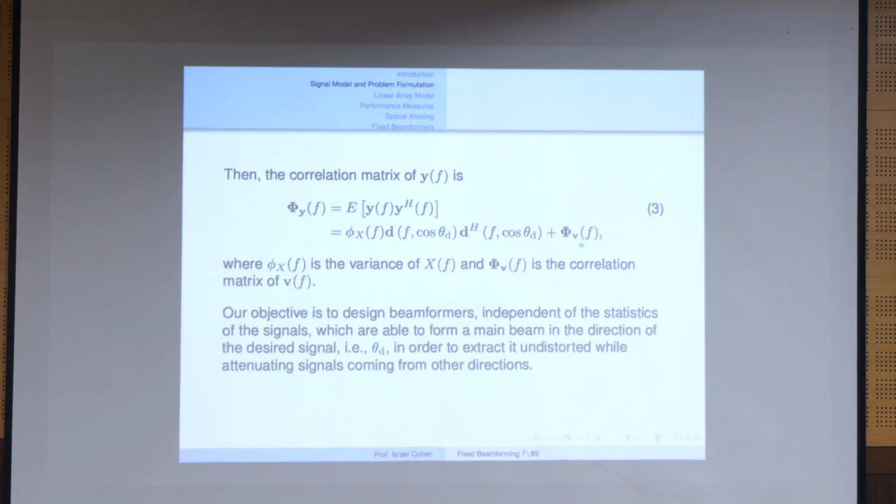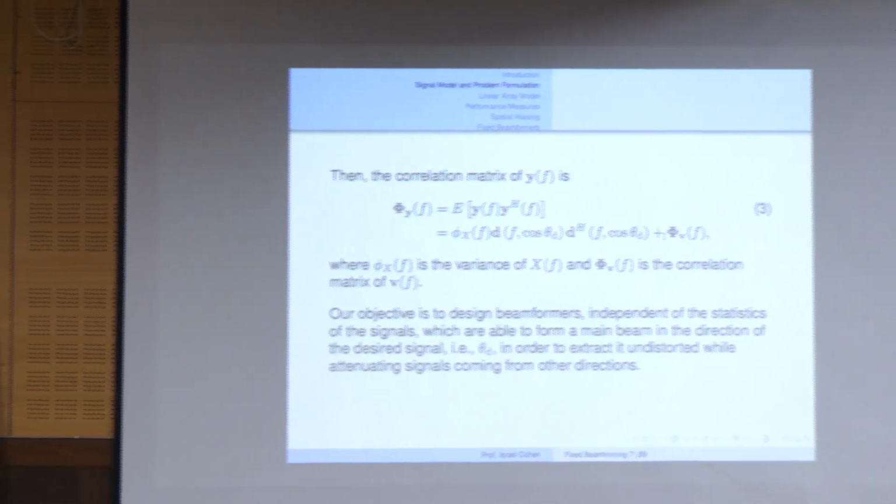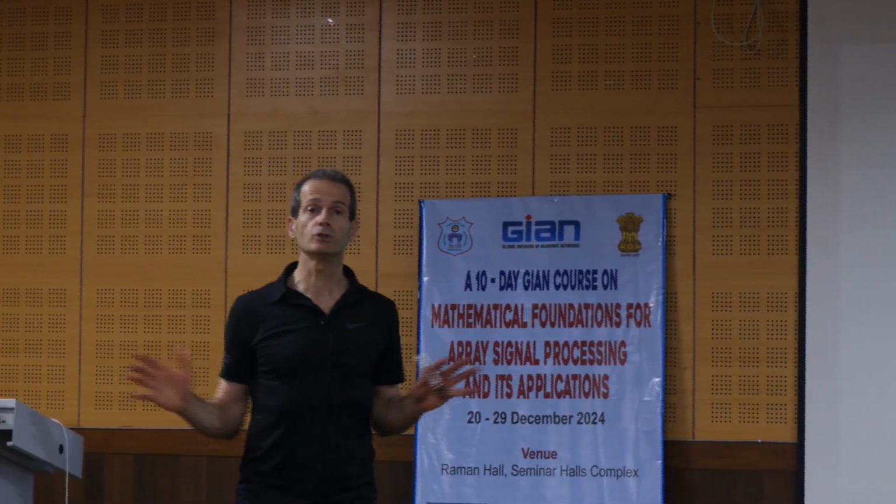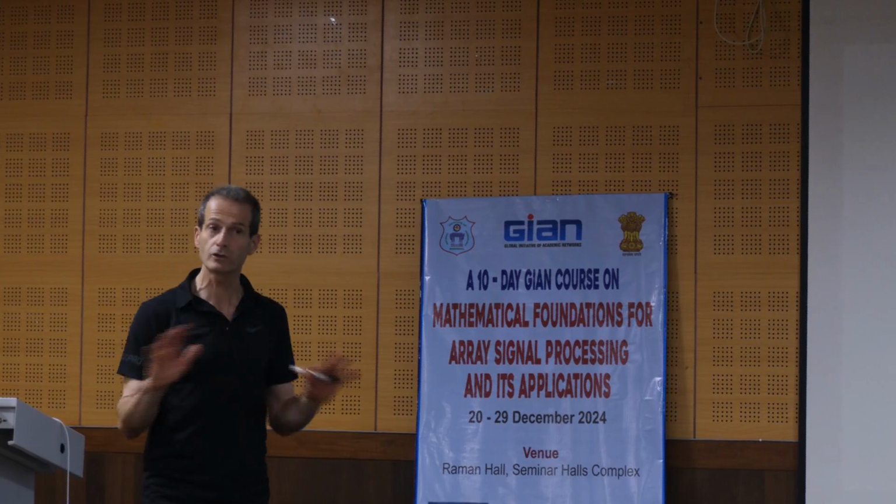Plus the correlation matrix of the noise, which we don't know. That's why we will optimize the beamformer with respect to white noise, maybe with respect to diffuse noise, maybe with respect to a combination, and so on. Okay? Because we need to assume what the noise environment is. We don't know.